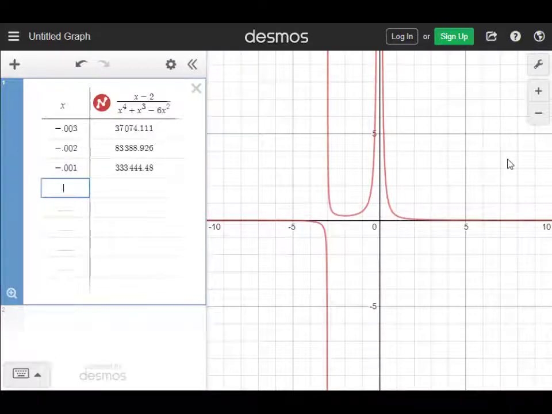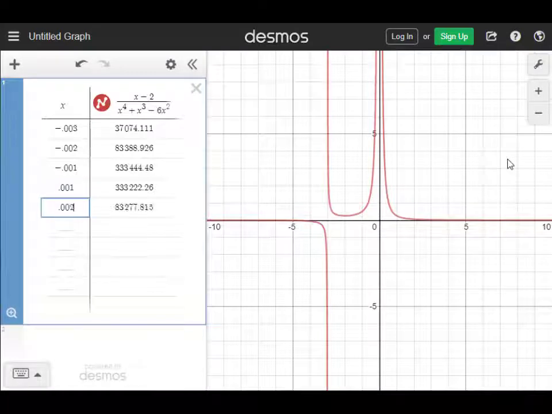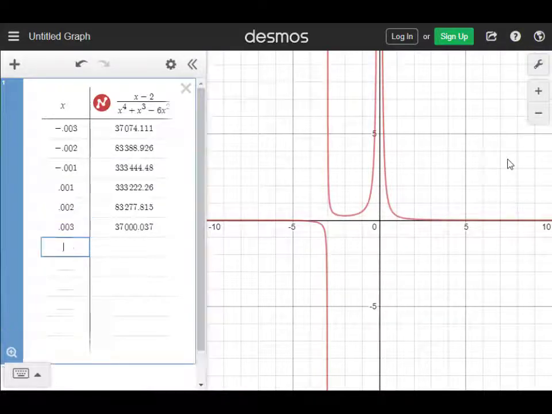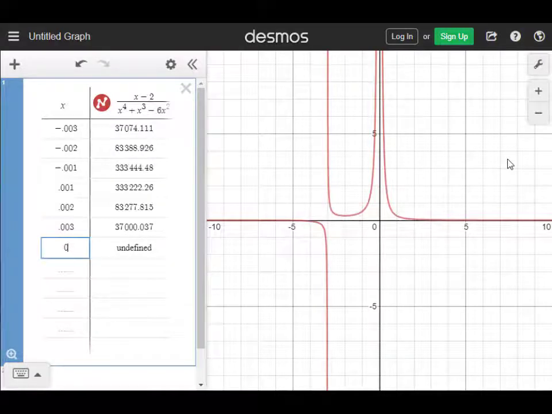On the other side, I would do positive 0.001, 0.002, and 0.003. And you can see, remember, we're looking as you approach 0. I didn't put 0 in there. If you want to see what happens when it actually equals 0, you can put that. It's undefined. But remember, we don't really care about that. I'm going to erase that.